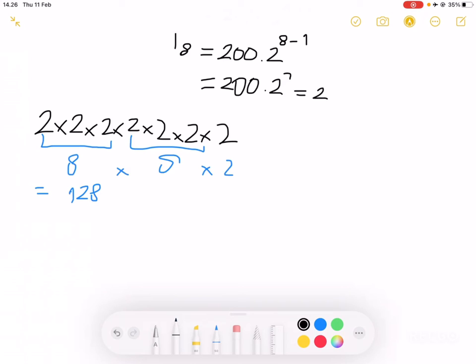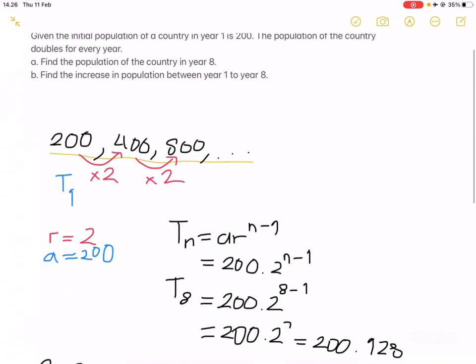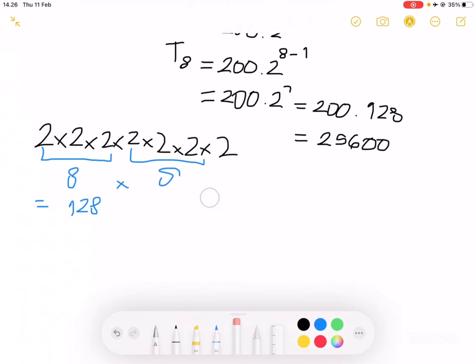So it will be 200 times 128. This will leave us with 25600. There we go. So that's the total population of the country in year 8. And the population is escalating very quickly too.